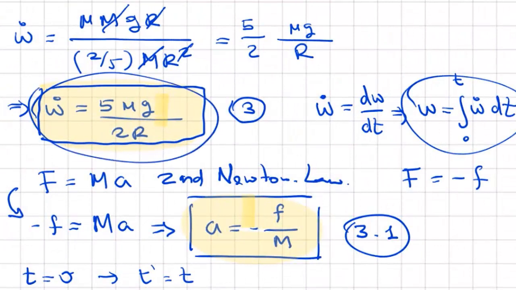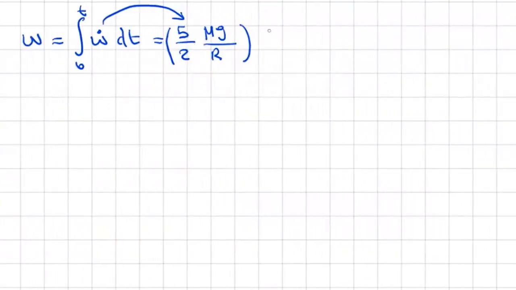Okay, we come back and we write the integral sign from 0 to t with respect to time. This term, as we know, has to be outside of this integral sign because it's a constant. 5 divided by 2 is a number, mu is a constant, gravity and the radius are constant, so it goes outside of the integral.